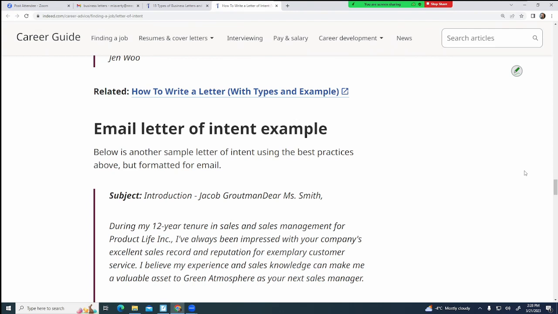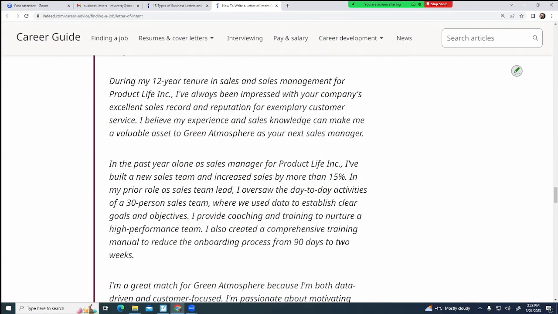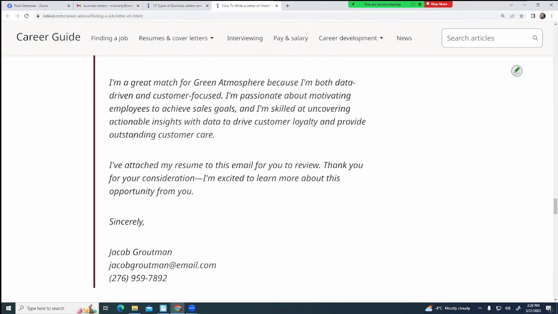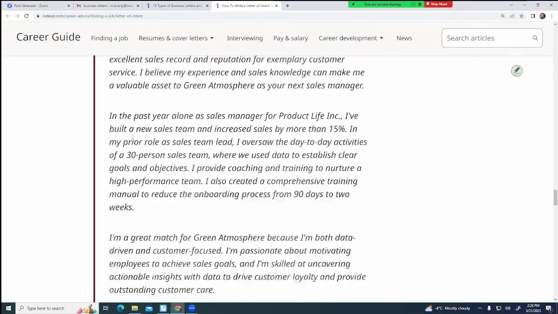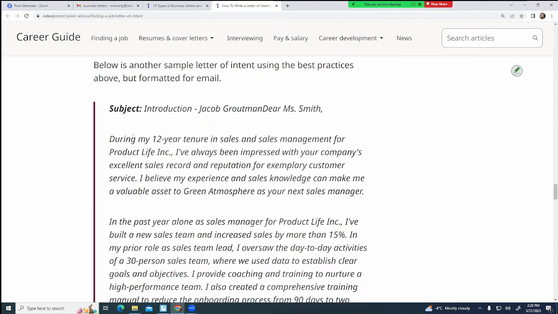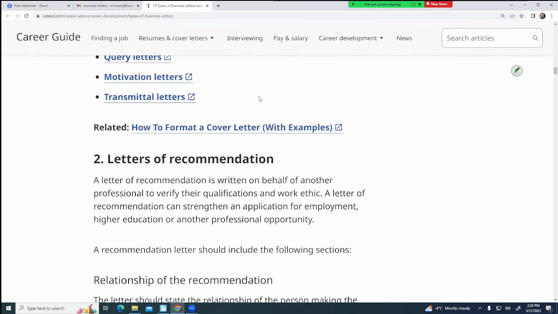So I would try to find a more specific example, one that talks about... well, no, this one could work, right? They formatted it as an email, so I might find one of these that's not formatted as an email.